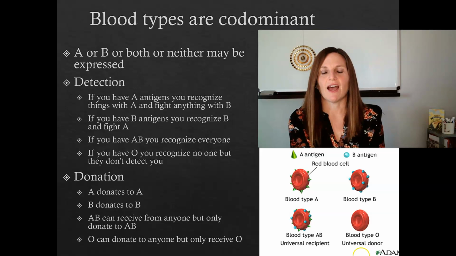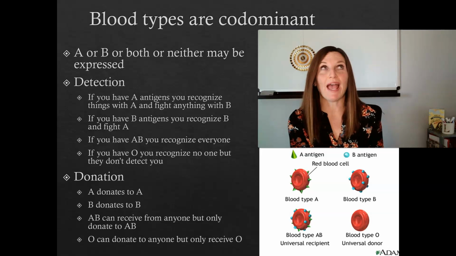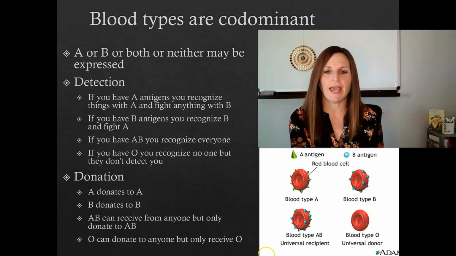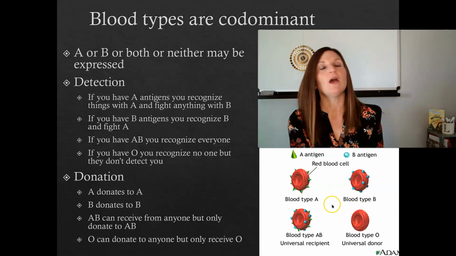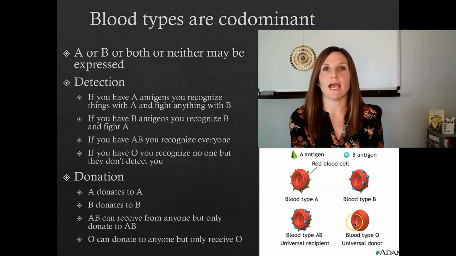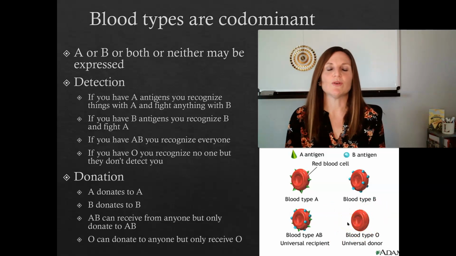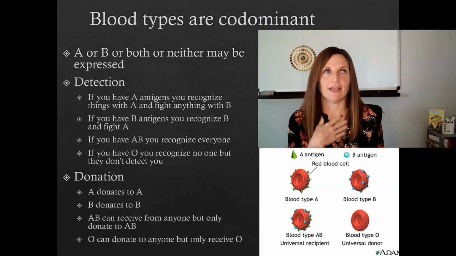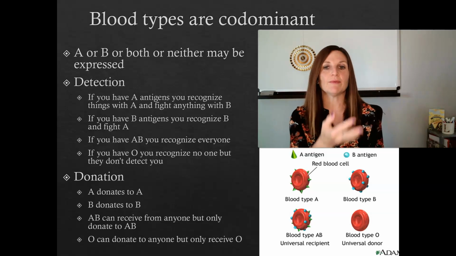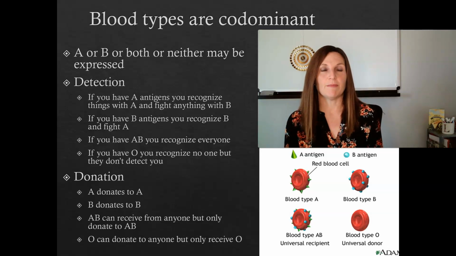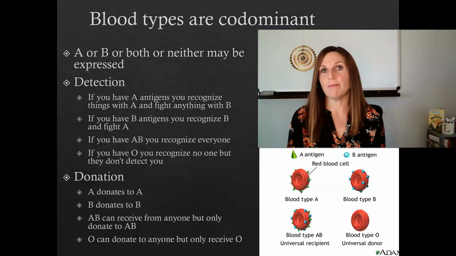So what we mean by this is that if you are an O blood type, you're kind of like a ninja. O blood type can be donated to anyone, and whether you're type A or B or AB or O, if they give you type O blood, you will not reject it. If you were blood type A, I'm A negative, and I received B blood type blood, that would cause my body to have blood clots and it would cause me to die.